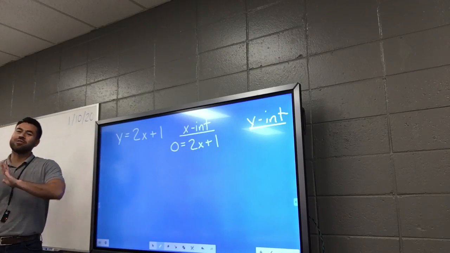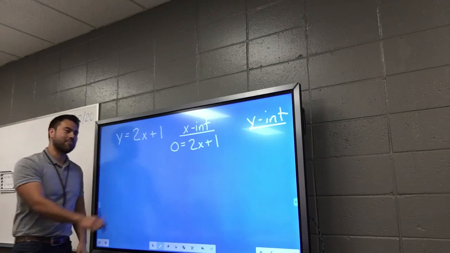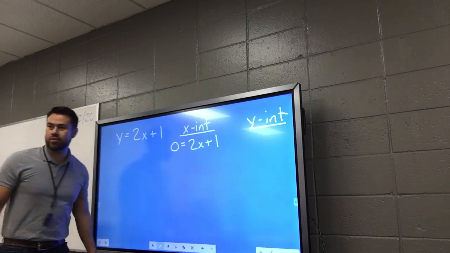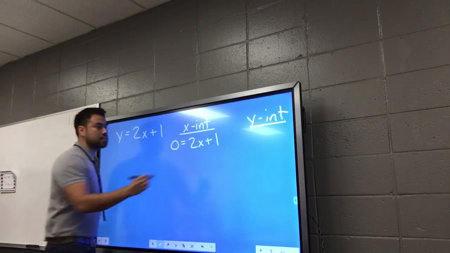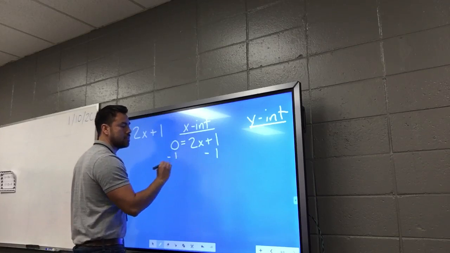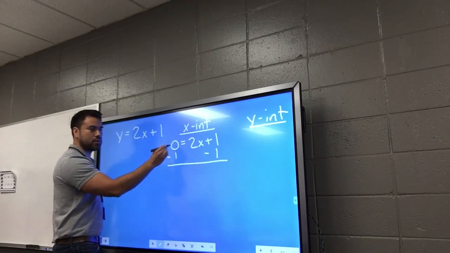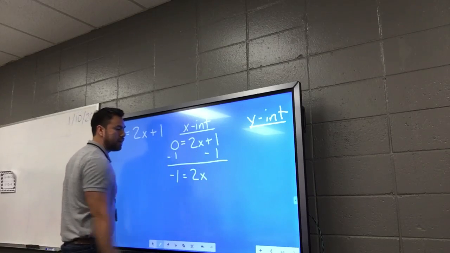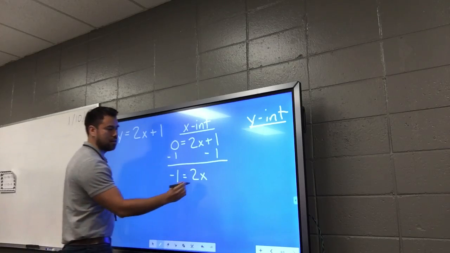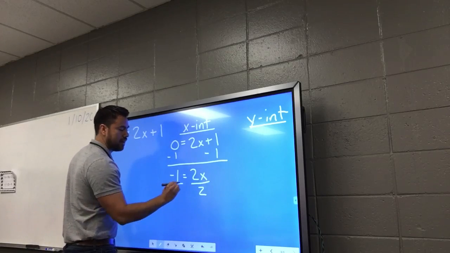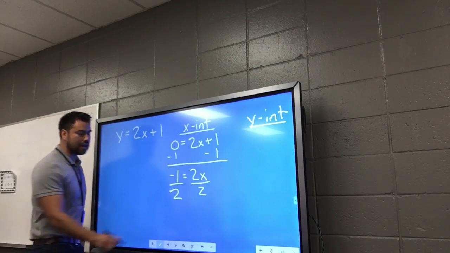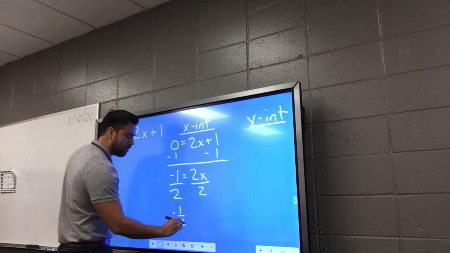So this is review from last chapter. X is being multiplied by 2 and added with 1. How do I undo that? Minus 1. Okay, subtract 1 from both sides. Don't be scared of 0 here, because 0 minus 1 is negative 1. And then, how do I undo multiplication? Division, so I divide by 2. Divide both sides by 2, and I end up with x equals negative 1/2.